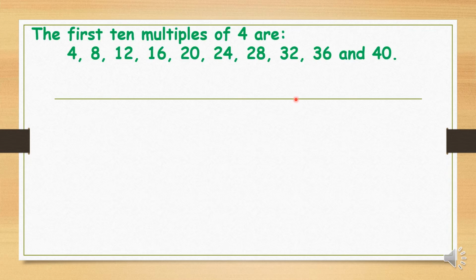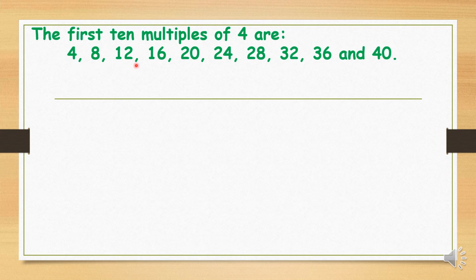Now let us continue. We are now going to look at common multiples. The first 10 multiples of 4. And how did we get them? We multiplied them by a whole number. So 4, 8, 12, 16, 20, 24, 28, 32, 36, and 40.